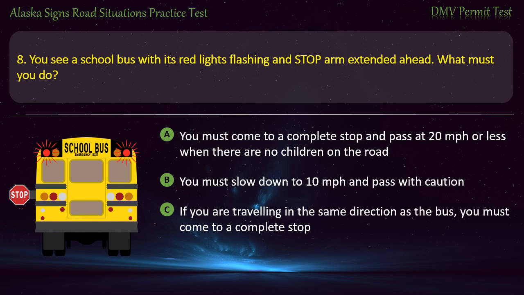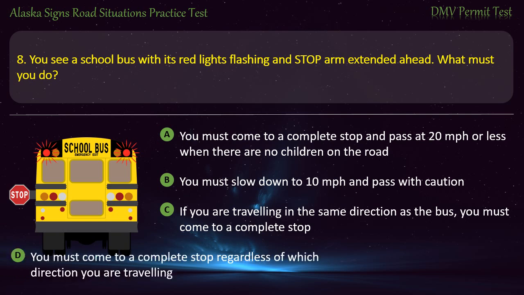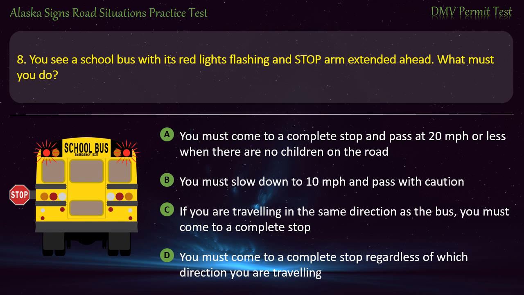If you are traveling in the same direction as the bus, you must come to a complete stop. You must come to a complete stop regardless of which direction you are traveling. Answer. You must come to a complete stop regardless of which direction you are traveling.